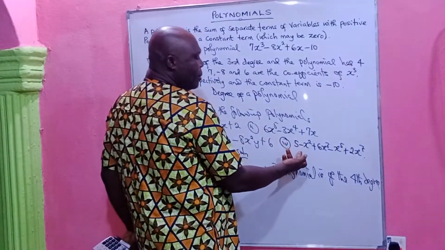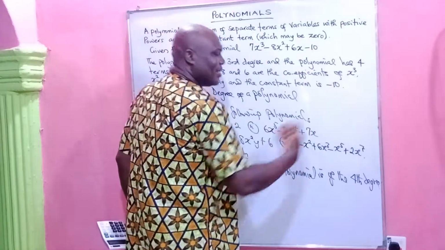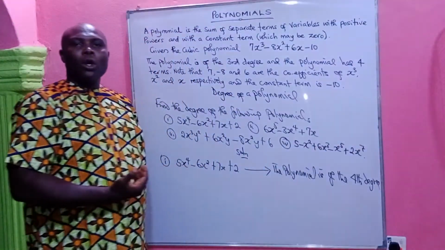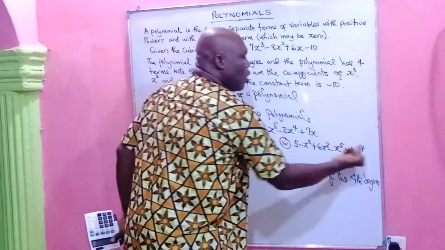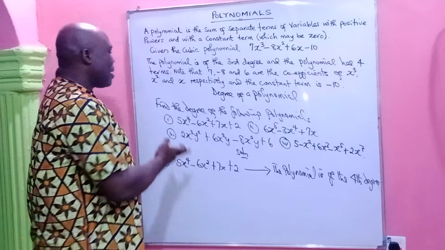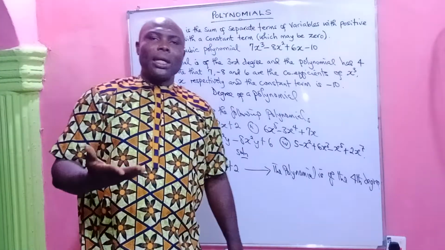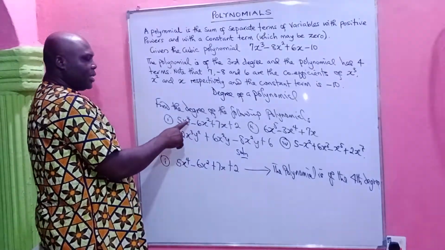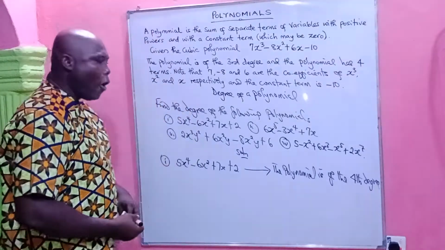In this polynomial, the powers are increasing: power 2, power 3, 5, and 7. So some polynomials are given in increasing order of the powers, while some are given in decreasing order. It doesn't matter. Any order it is given is still okay. So the polynomial here is of the 4th degree because the highest power of the variable is 4.